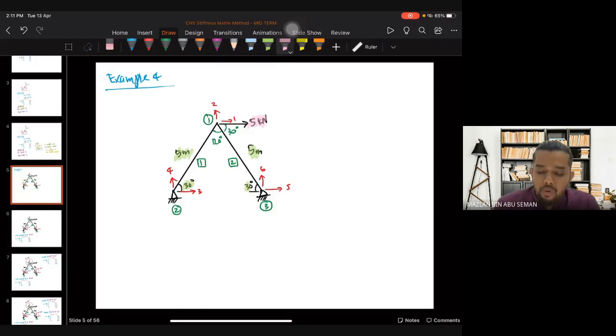What you have to remember is to always number the unknown displacements first. So certainly joint 1, we're going to start numbering from that.